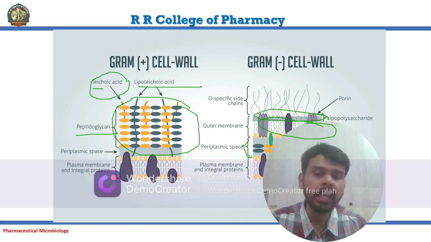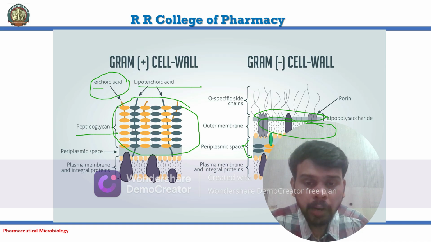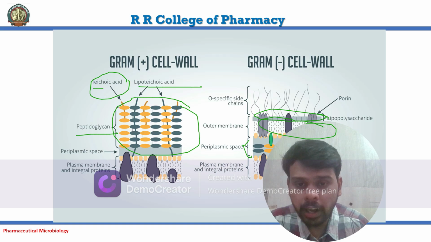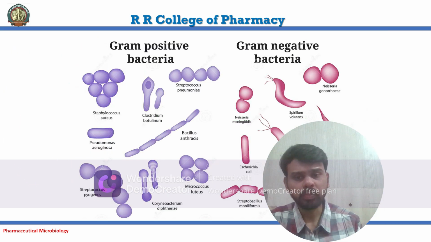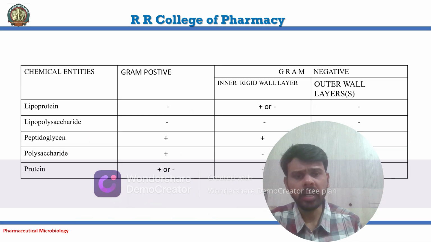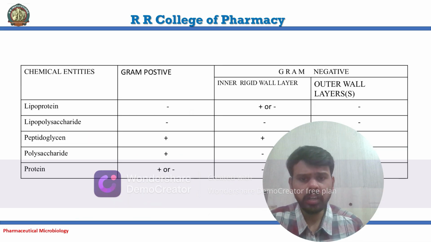The main thing is the cell wall, and in that cell wall, what is important is the peptidoglycan. One has a rigid peptidoglycan layer and the other has a thin peptidoglycan layer. Already I said that in gram positive and gram negative. If I look at the chemical entities, lipoprotein is absent in the gram positive and present in the gram negative.